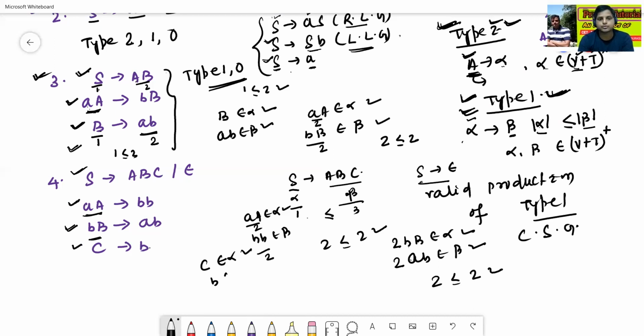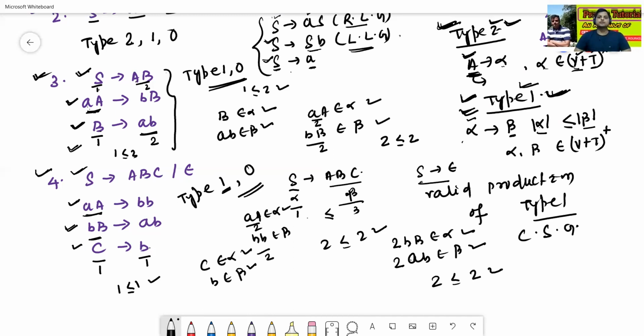B belongs to beta, satisfied, and its length is 1 and its length is 1, so 1 is less than or equal to 1, satisfied. So the fourth grammar is satisfied for type 1 grammar. So this grammar is called type 1. Since it is type 1, it is also type 0 grammar.